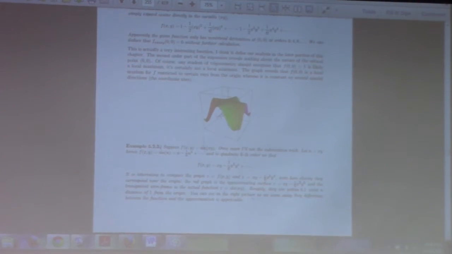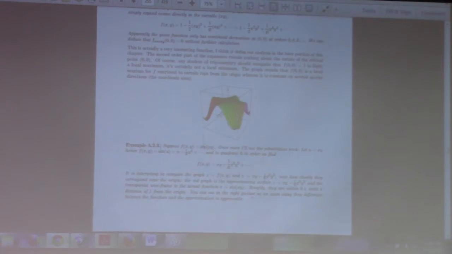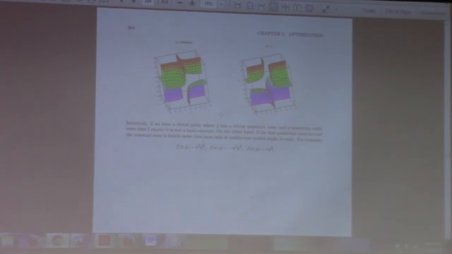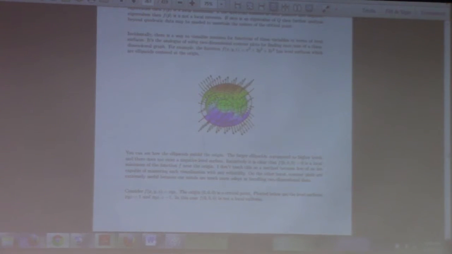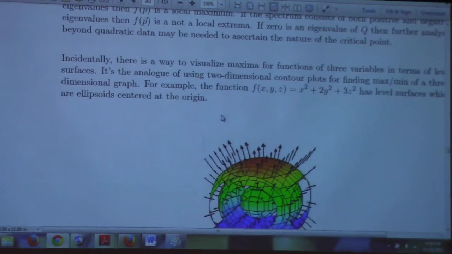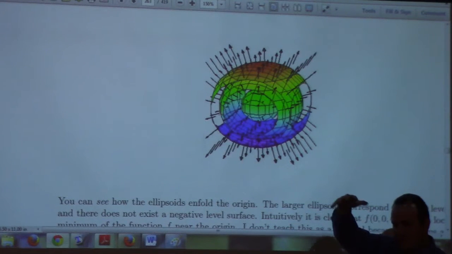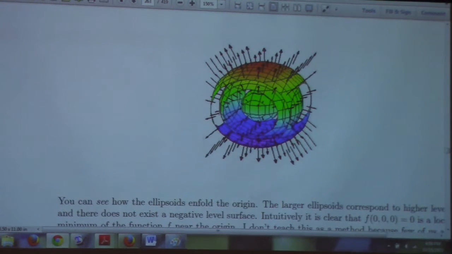When I think about a function of 3 variables, the closest thing I can get to a graph is a level surface, right? Something like this, I can kind of picture it like that. These are level surfaces of an objective function, and as you go out the onion, you get larger and larger values.